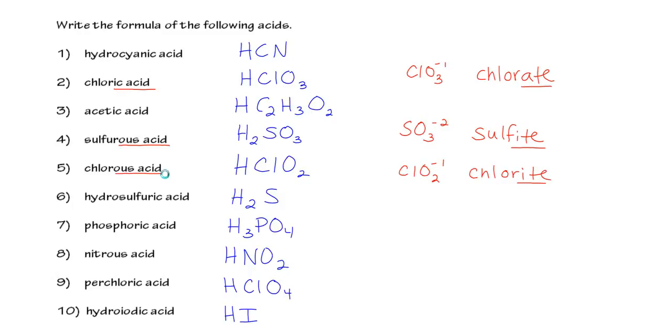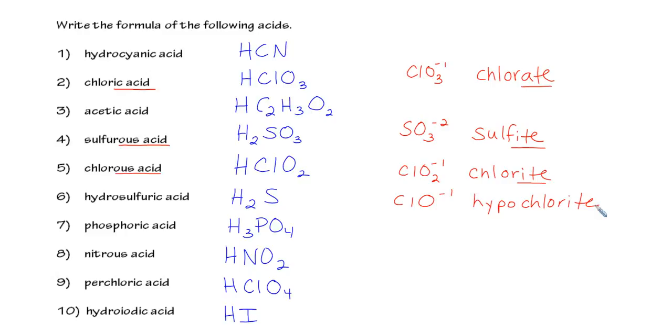You could also have this guy. Do you remember just ClO minus 1? That was hypochlorite. It's not on this group, but I'll just kind of mention it now. ClO had 2 less oxygen. So not only does it end in ITE, but we throw that hypo prefix in the front.